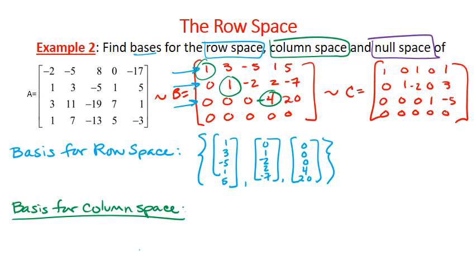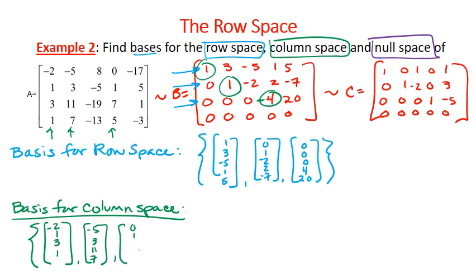So you identify the pivot columns of B, and then you write down those columns from A. So we have pivot columns in column 1, column 2, and column 3. Those are the columns that are going to be the basis for the column space.